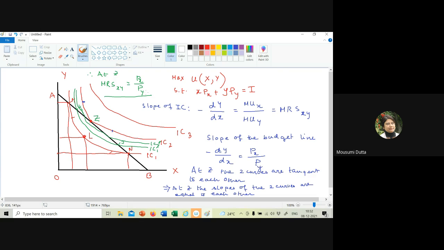At MRS XY equal to Px by Py, the consumer will be at equilibrium. This is giving the consumer's equilibrium purchase of X and Y.